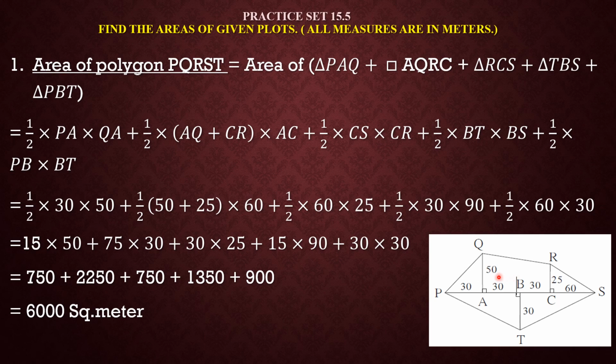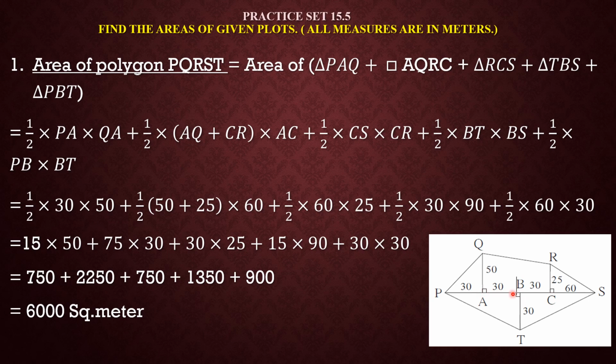Plus now area of this quadrilateral AQRC. This quadrilateral is the trapezium in which QA and RC are parallel sides, and AC is the height between these two parallel sides. Now length QA is given as 50. Length RC is given as 25. We can find length AC as AB plus BC because the points A, B and C are collinear points.